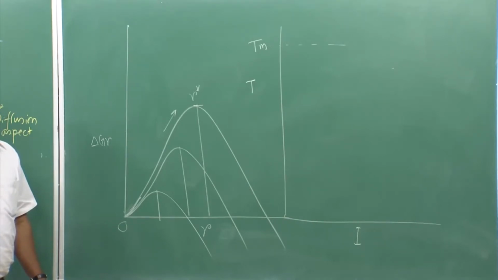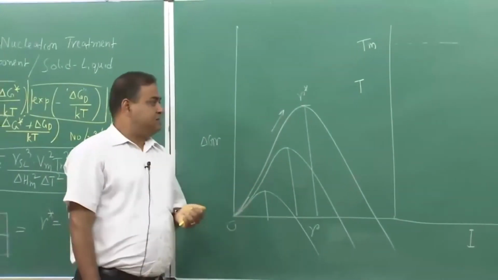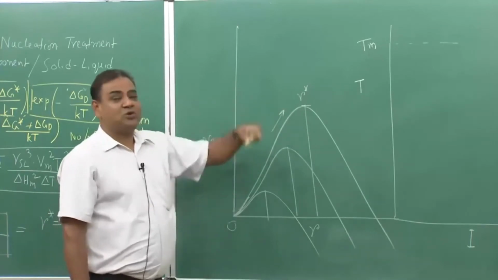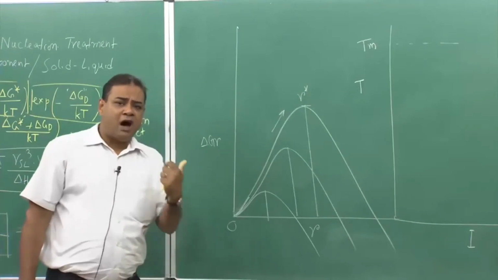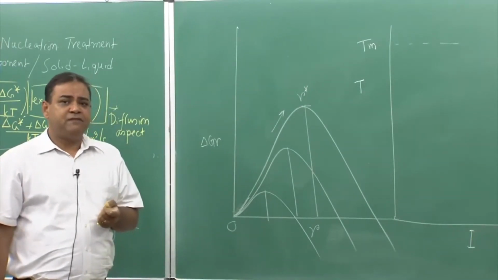That means we are going closer to the melting temperature, and R star is also increasing. So, at Tm R star would go to infinity. That means we get smaller and smaller R values, that is, a smaller critical nucleus, if del T is more.